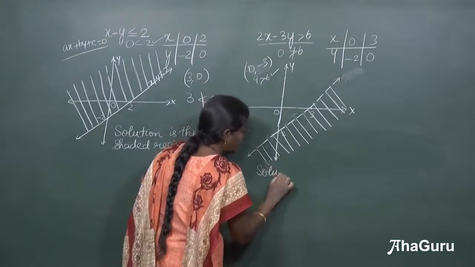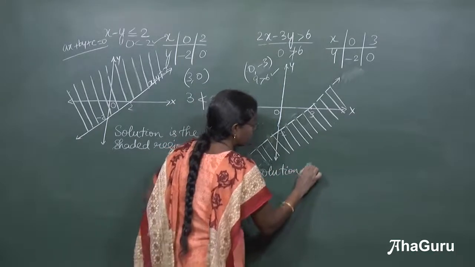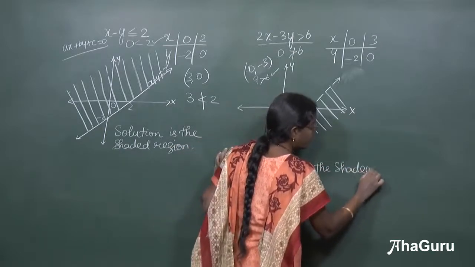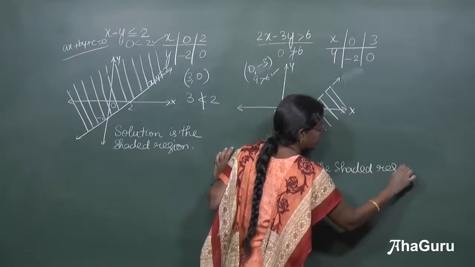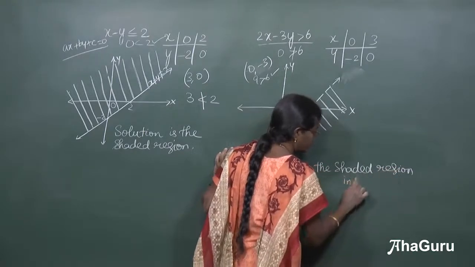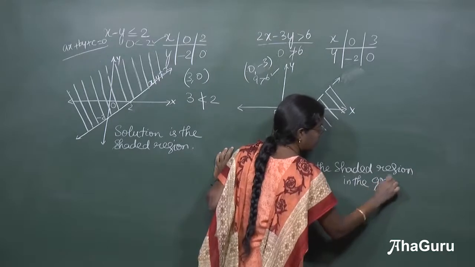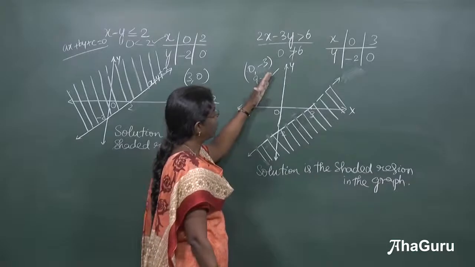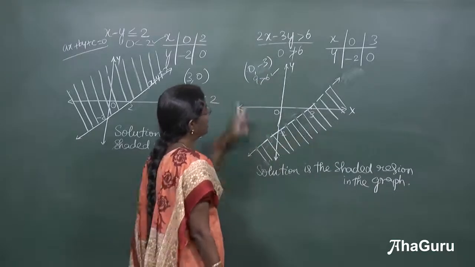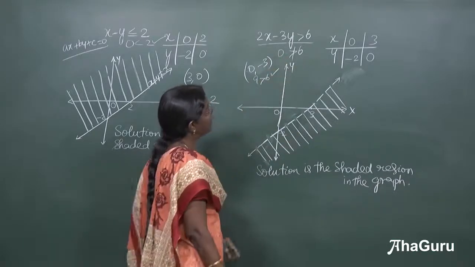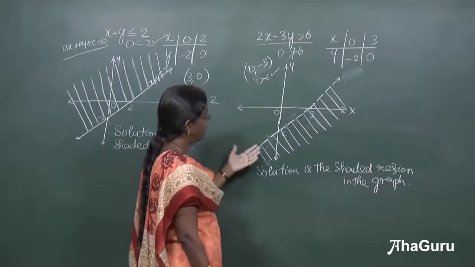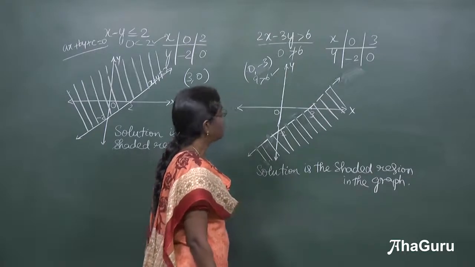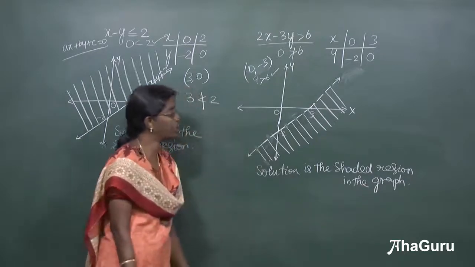On the ruled side you will write the solution is the shaded region in the graph. The region will not be on the side of the origin, it will be the opposite side, because when you substitute the origin coordinates, the inequality is not satisfied. So just shade the other side and write that the solution is the shaded region in the graph.